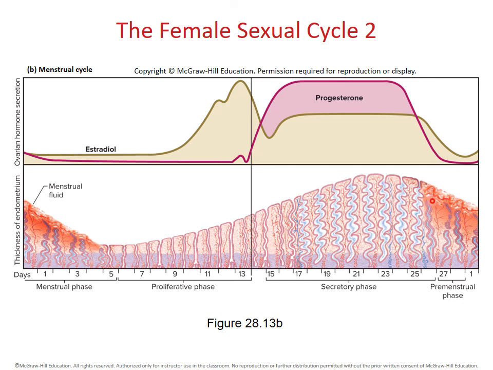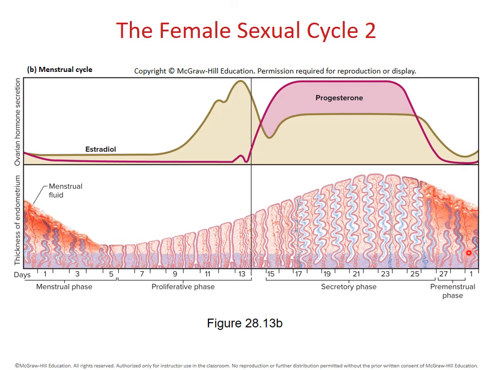But notice in the last couple of days of the secretory phase, the corpus luteum is now degenerating into a corpus albicans, so levels of progesterone drop off dramatically. And that drop in progesterone causes the endometrium to start to degrade in anticipation of menstruation.